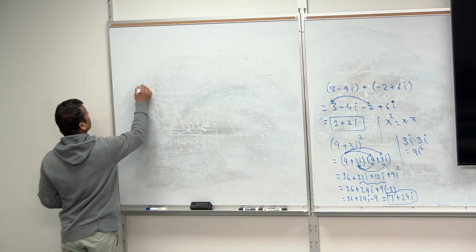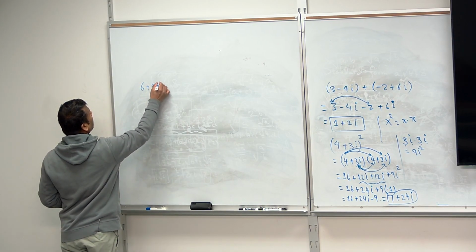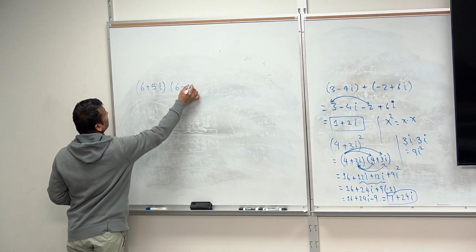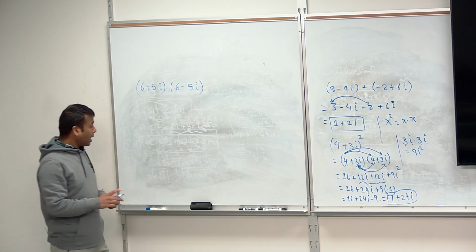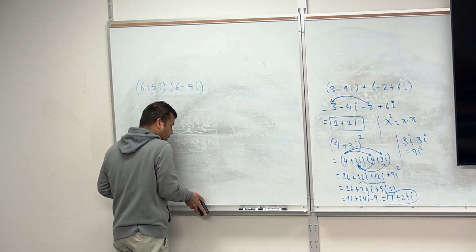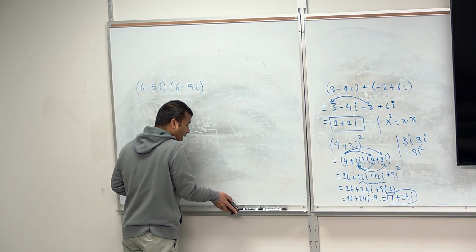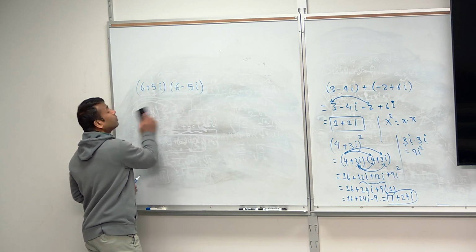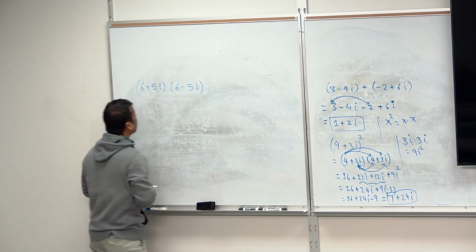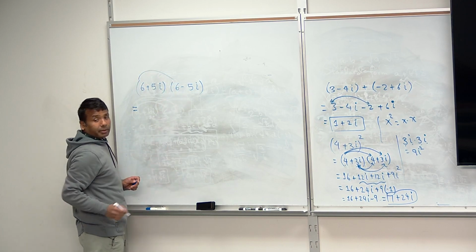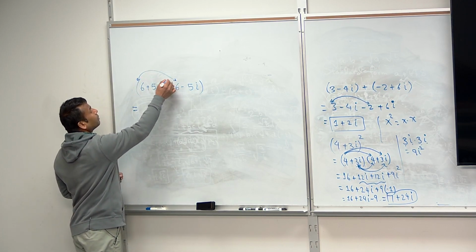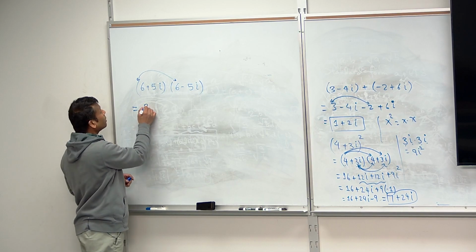So you have a 6 plus 5i times 6 minus 5i. Okay? So how do you do that? You just use FOIL, okay? Can you help me? What is 6 times 6? 36, good.